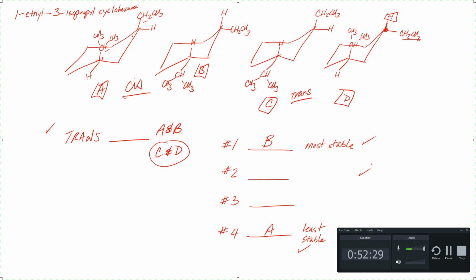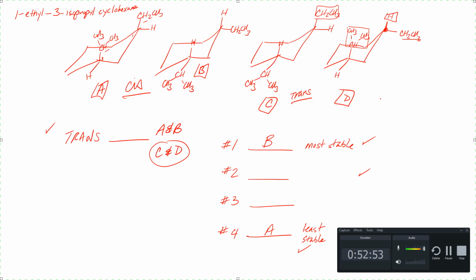How are we going to judge that? Well, C has the ethyl group axial, which is the destabilizing interaction, and D has the isopropyl group axial. So each one has one group axial. How do we break the tie?